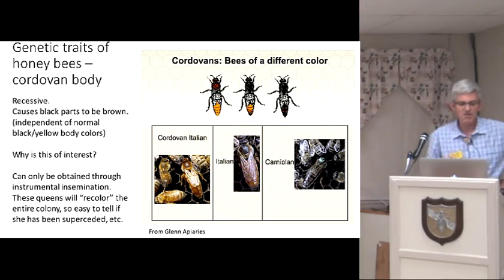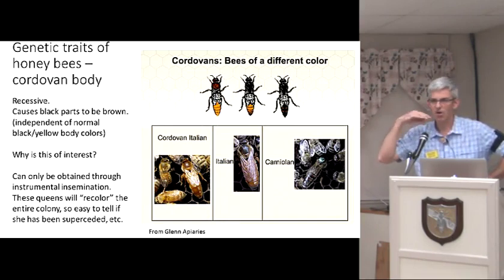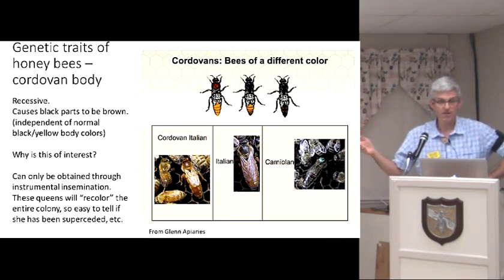And so typically this is made in the lab with instrumental insemination. And so over time, if you use a cordovan queen, she's going to be pure, it's recessive, right? So she has to have 2 copies of that gene. So all of her offspring, all the drones, of course, will have it, right?